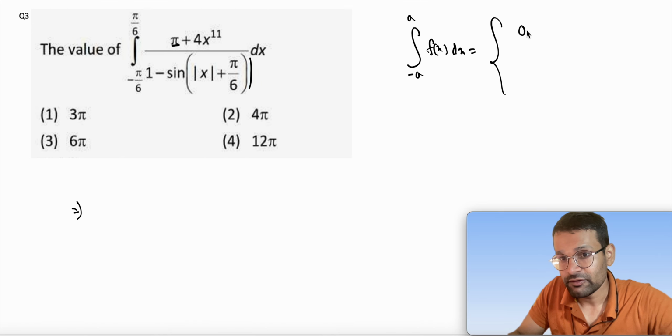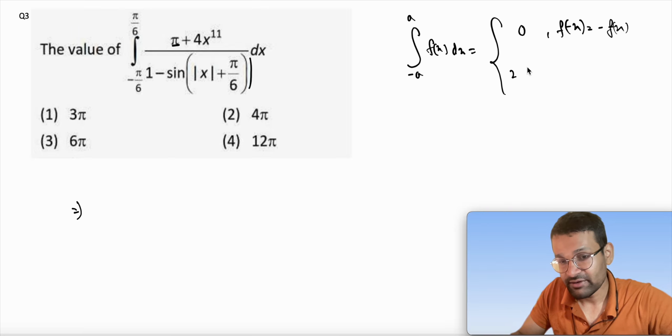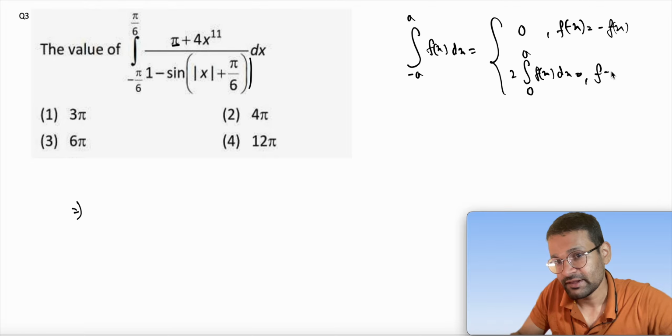One, it equals 0 when f(x) is an odd function. What does it mean by an odd function? f(-x) equals minus f(x). This fact can be proved easily. And it becomes 2 times the integral from 0 to a of f(x) dx when f is an even function, which means that f(-x) equals f(x).